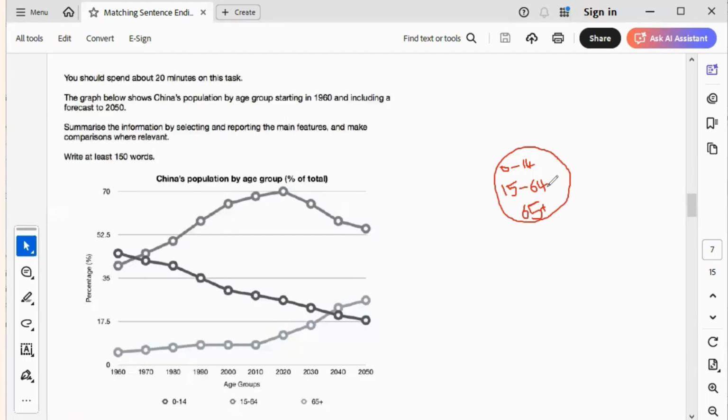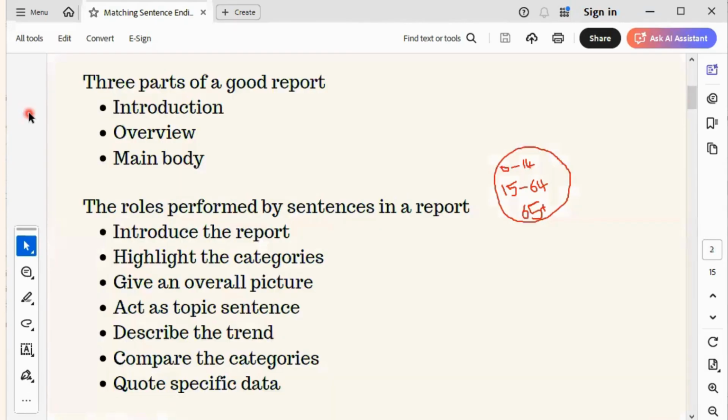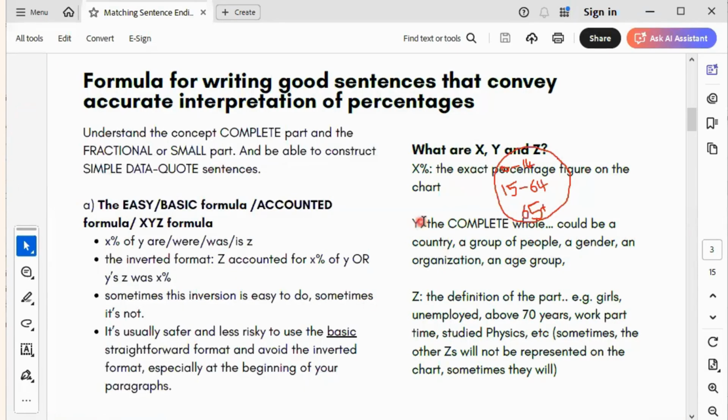So when we look at that formula, X, Y, Z, Z represents the parts. Y represents the complete whole. In this example, that's China. Z represents the parts.